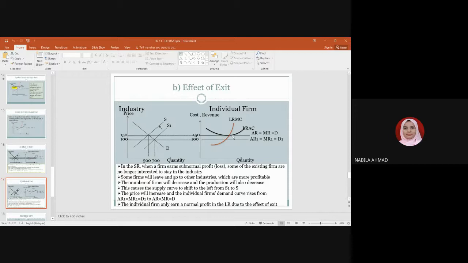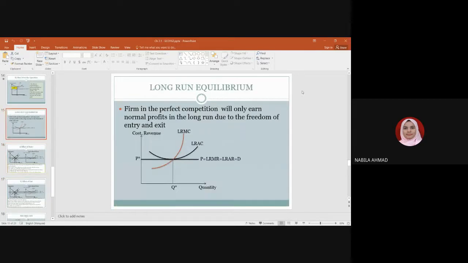So apa yang berlaku? Average revenue equals to average cost. Jadi the firm is making normal profit in the long run due to the effect of exit. Right? So ini yang menyebabkan in the long run, ya, the firm making normal profit sahaja.